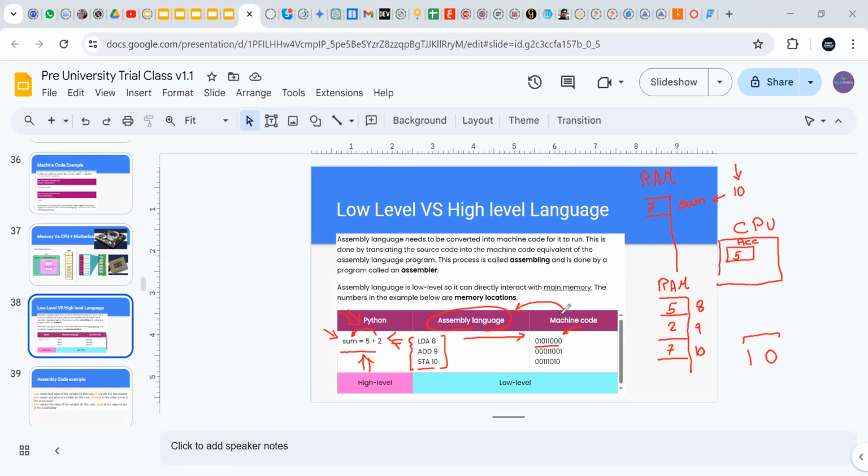So actually, the first programming language was machine code. But they recognized that to write longer programs, it was very hard to do in machine code, so they created assembly language. And after assembly language came languages like Python and Java and so on. These are the recent languages.